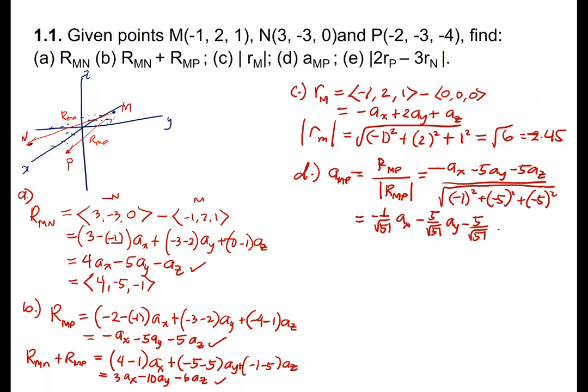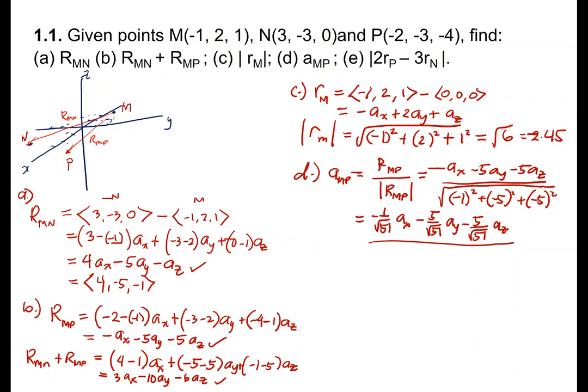This is the answer already. But if the problem is asking for the decimal numerical equivalent, then you need to use your calculator. So the first one is actually negative 0.14. You can express this in numerical value. I think it will not be difficult.